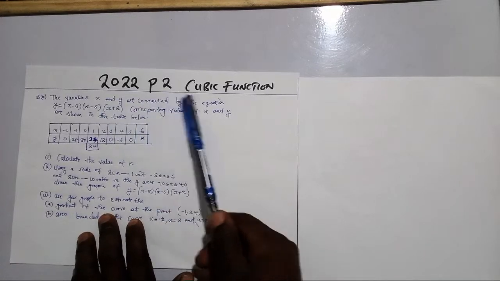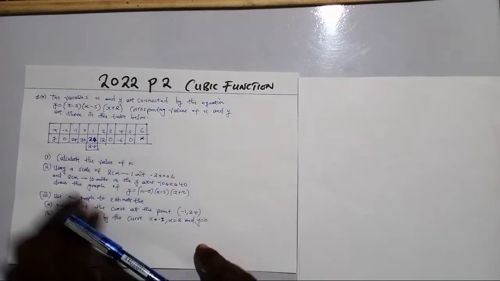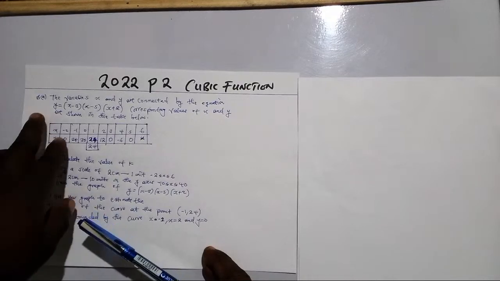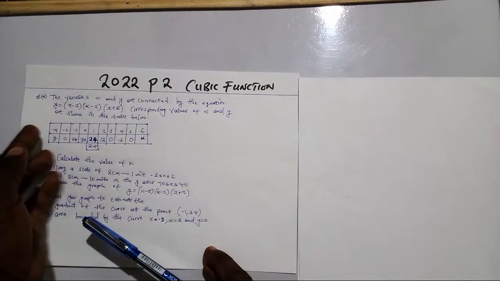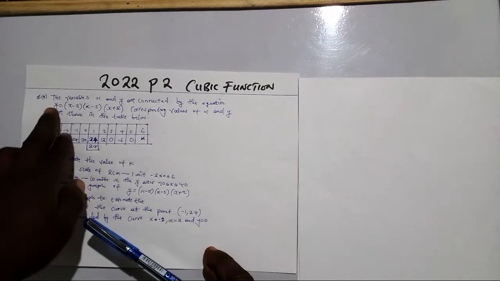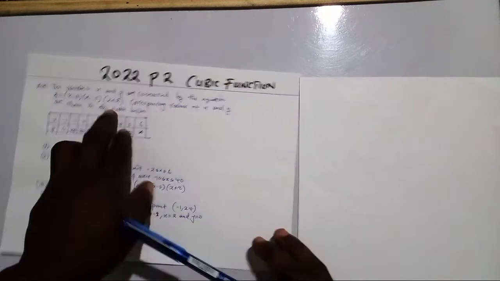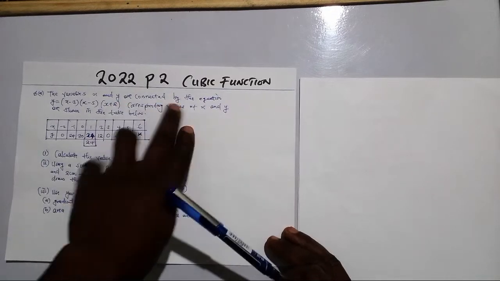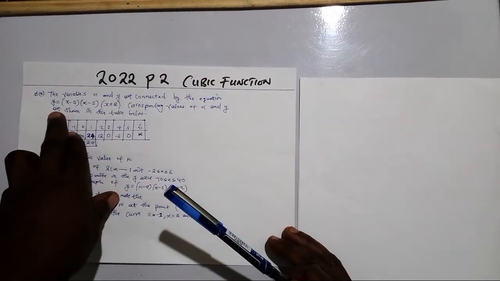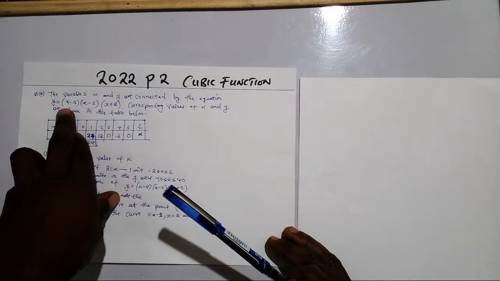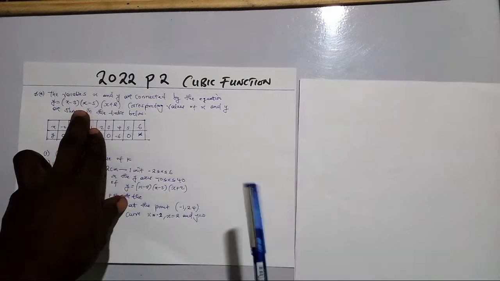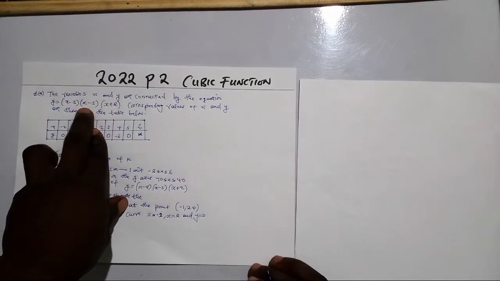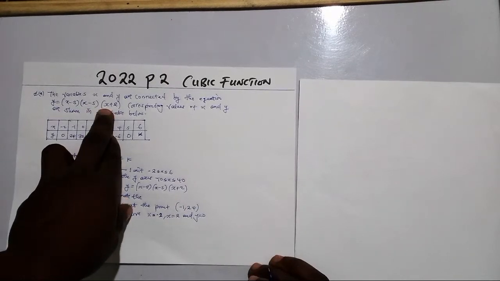Today we are looking at the 2022 paper 2 cubic function. This was the number 8 question, and we are told that the variables x and y are connected by the equation y equals open bracket x minus 3 close bracket, then open bracket x minus 5, and in this bracket we have x plus 2.